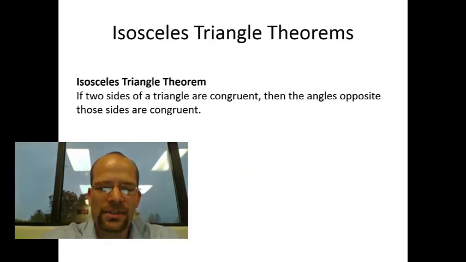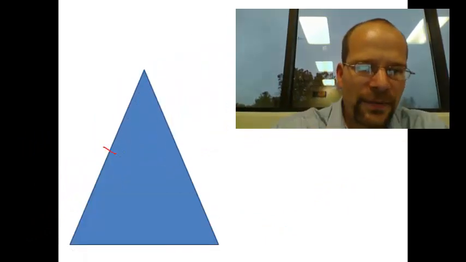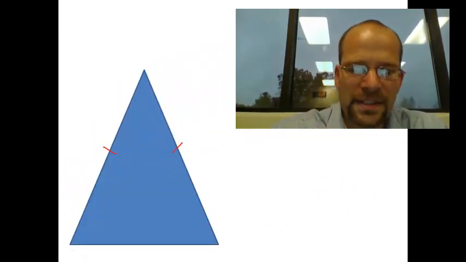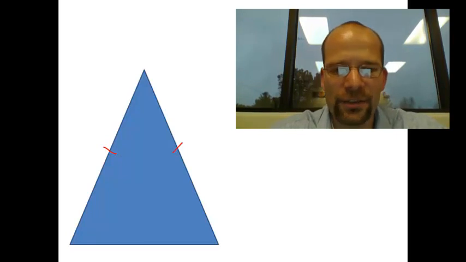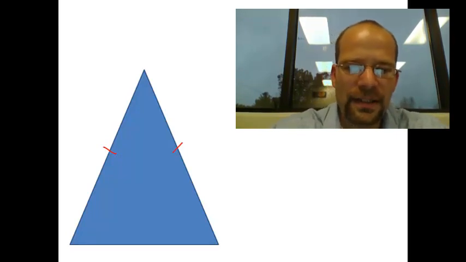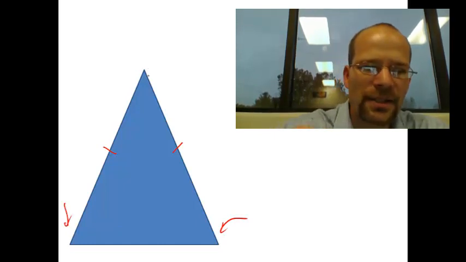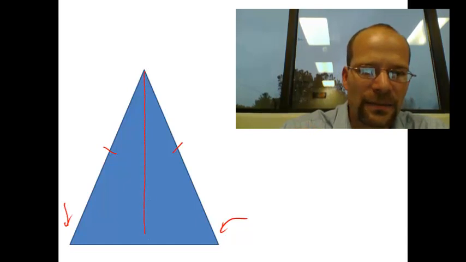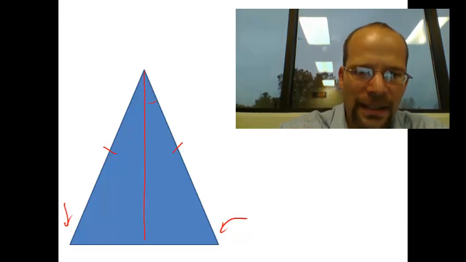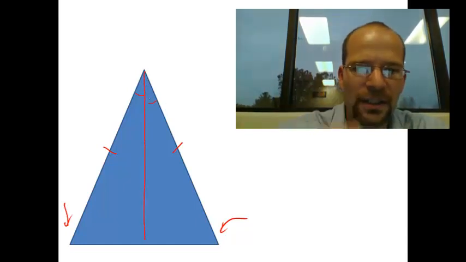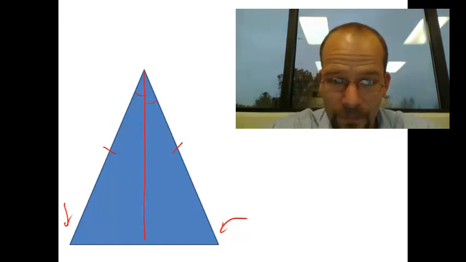We'll start with a triangle. And we know, for starters, that the hypothesis is true, right? Two sides are congruent. Let's see if we can prove that the base angles, these angles down here, are also congruent. In order to do that, I'm going to go ahead and draw in the angle bisector from the vertex. And if that's the angle bisector, then these angles, by definition, must be congruent. Okay? And you'll see what we have here.